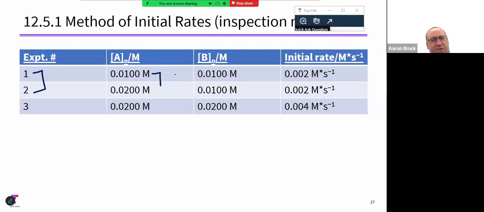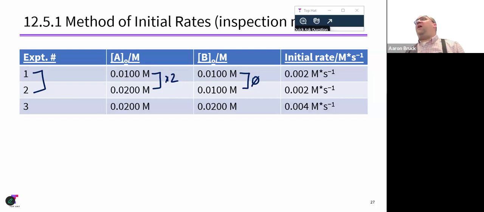And what I can see is that in experiment 1 versus 2, we doubled the amount of A without changing B. So this becomes exactly the kind of problem that we just did.